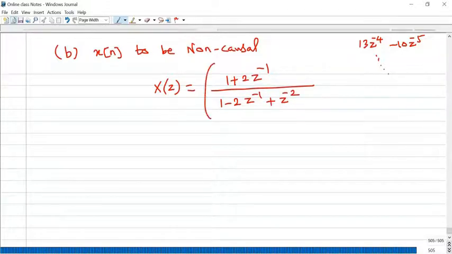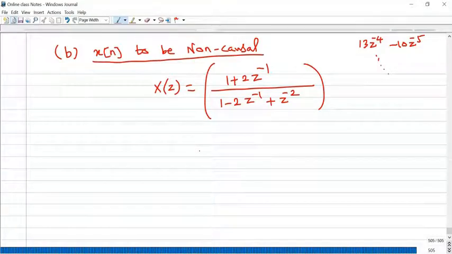Okay. Even if the problem is not in this particular format, you have to convert the given x of z to this particular format. A constant, z power minus 1, z power minus 2 series. So for a causal signal, we take it as it is. For a non-causal signal, particularly x of n to be a non-causal signal, this constant should come at last.